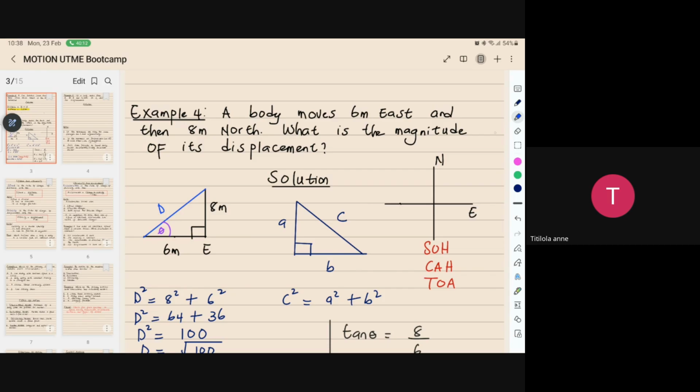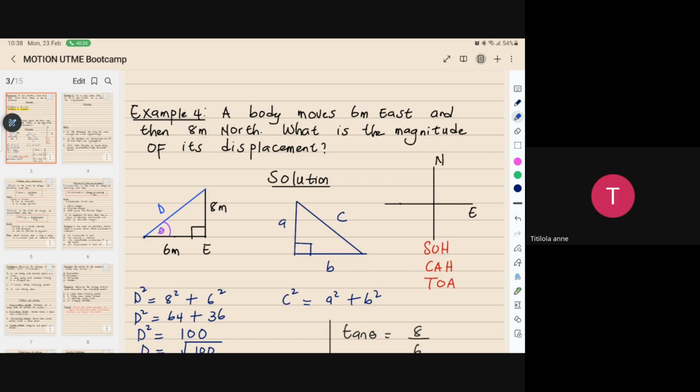So now you started here. You traveled to the east and then moved 8 meters to the north. If you want the shortest distance between the starting point and the end point, it is just the distance from here to here. That will give you the answer, this side. Because they are perpendicular to each other at 90 degrees, you cannot use the same method as for the other ones, because those were on a straight line.